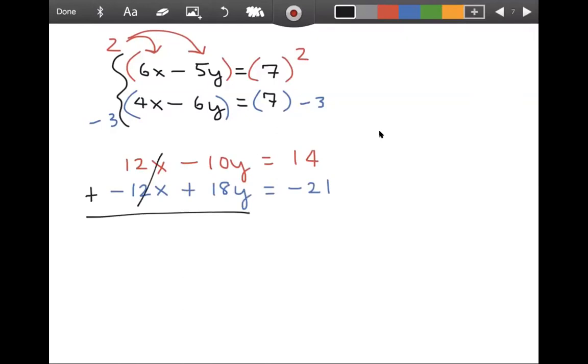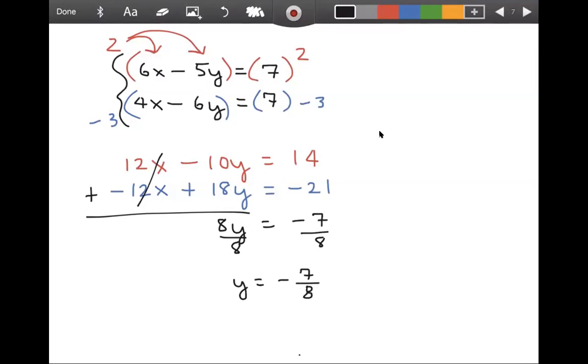That was the whole point. -10y plus 18y is 8y. 14 plus -21 is -7. Dividing both sides by 8, you get y is -7/8. So that's kind of unfortunate. All right, but it happens.